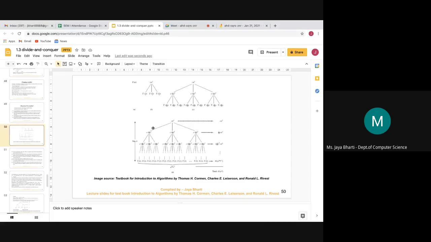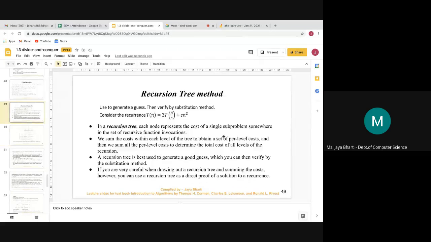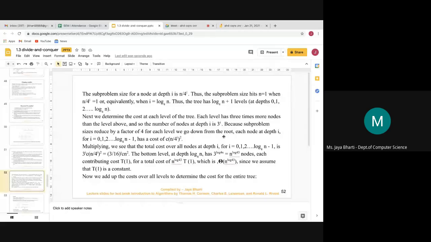problem is of size (n by 4) whole square. Okay, so here what is our problem? It is n by 16, the original squared. So each level will be that much squared. So it is written like the subproblem size for a node at depth i is n by 4 to the power i.